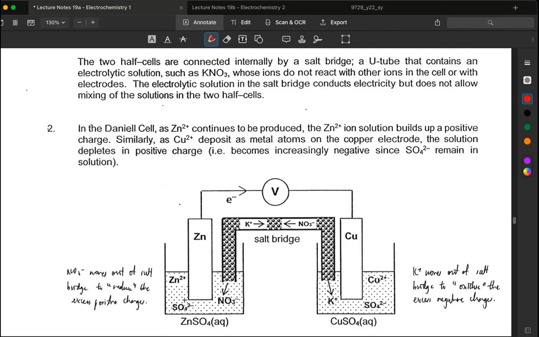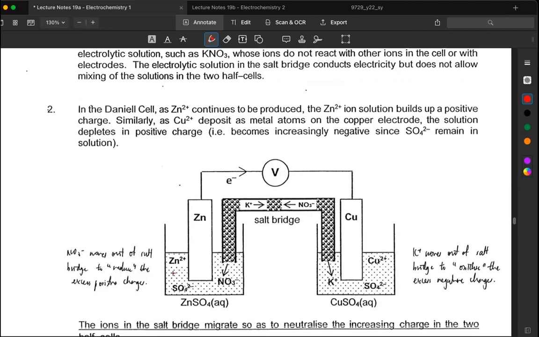So in the Daniell cell, as Zn2+ continues to be produced, the zinc ions build up a positive charge, okay? More and more Zn2+ forms due to oxidation of zinc, so you have accumulation of Zn2+. Similarly, around the copper electrode, more and more Cu2+ is reduced, so you have less and less Cu2+ around here.